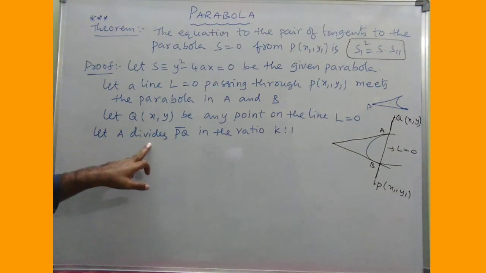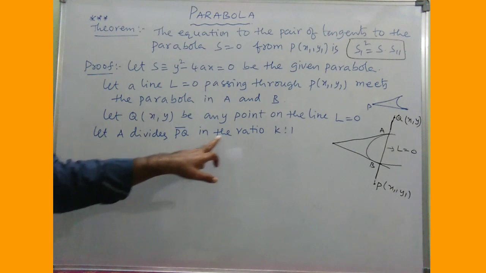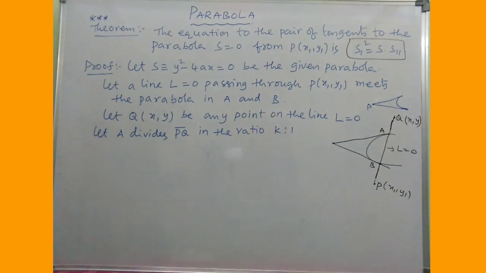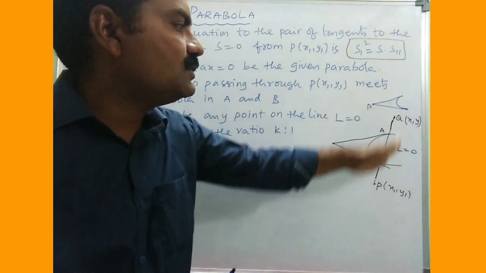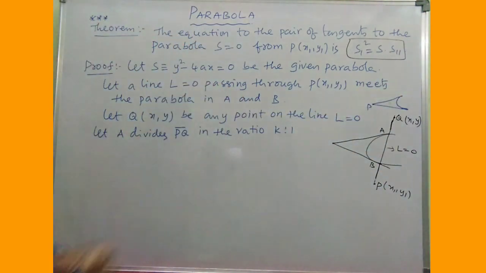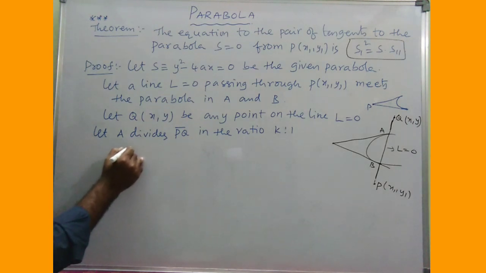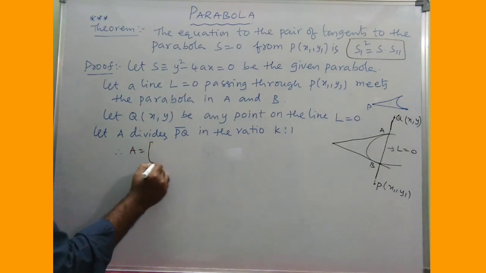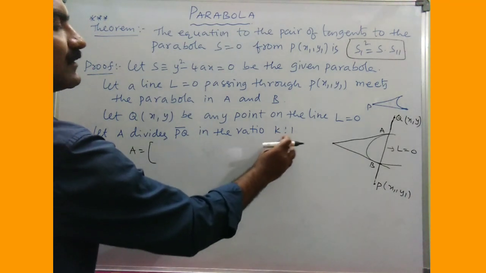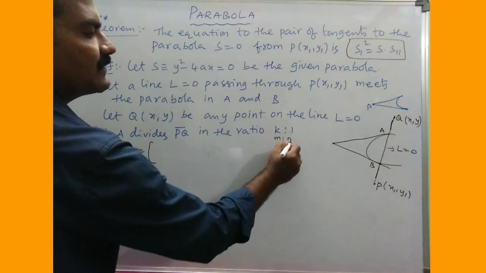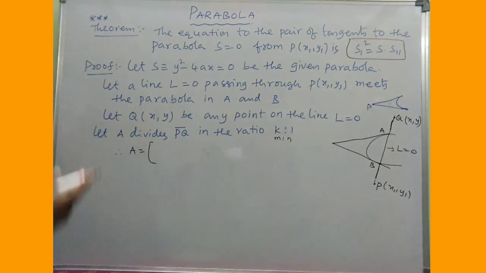Let capital A divide PQ in the ratio K is to 1. Assume that A divides the line segment PQ in some ratio K is to 1. Therefore we can write the coordinates of A using the section formula with m and n. These are x1, y1, and the Q point is nothing but say x2, y2.